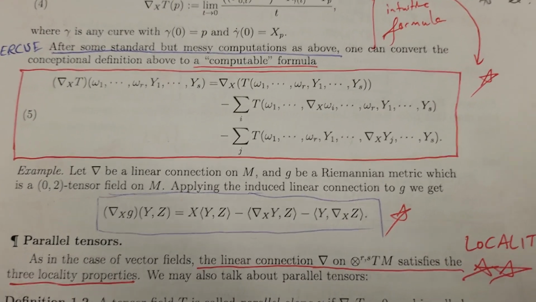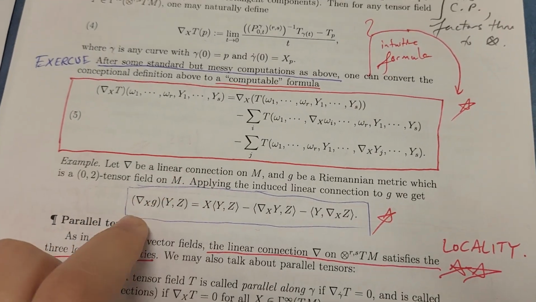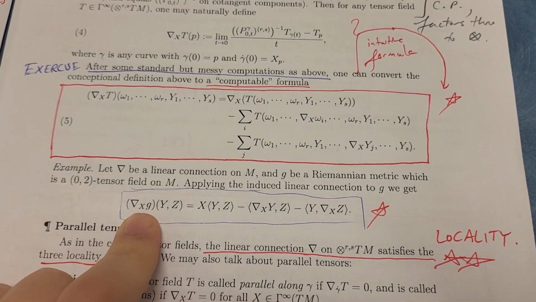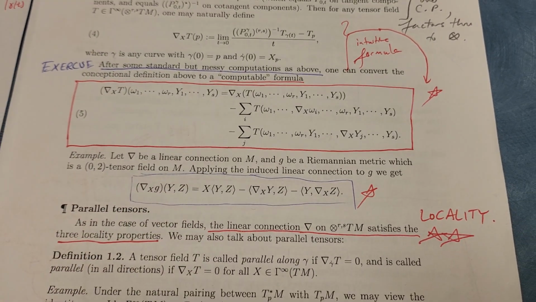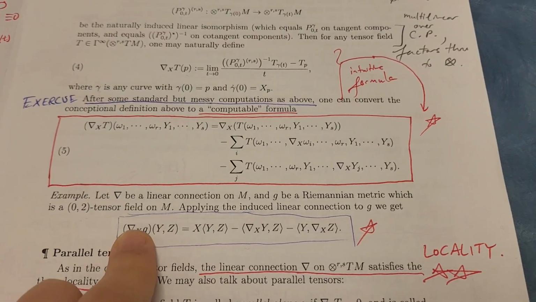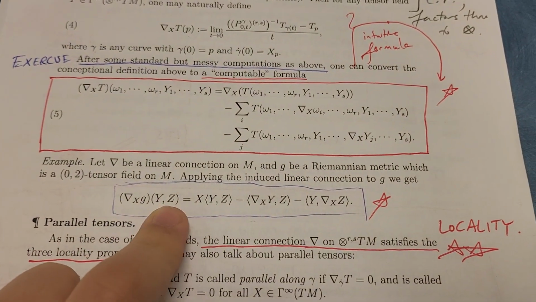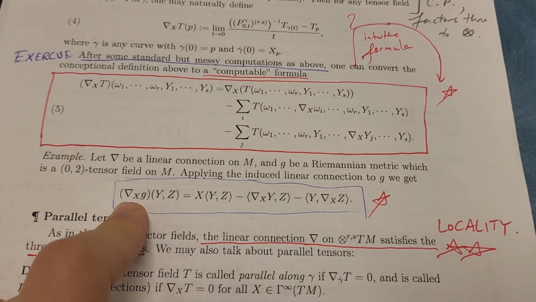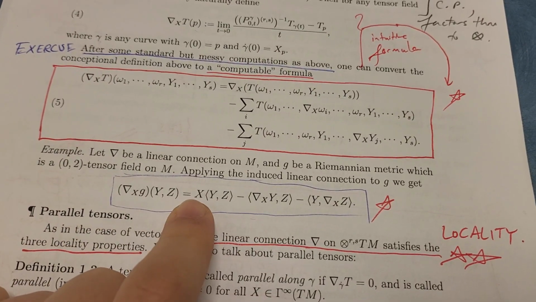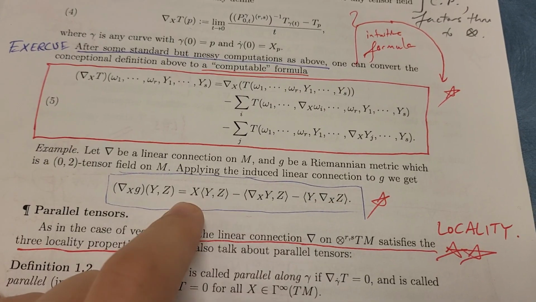And then we have this example where we apply this to the metric g, and we see that nabla x g evaluated at two vector fields y and z is, first, nabla x of g of y,z, so just nabla x of the inner product of y and z.